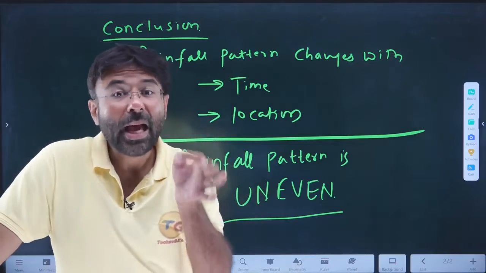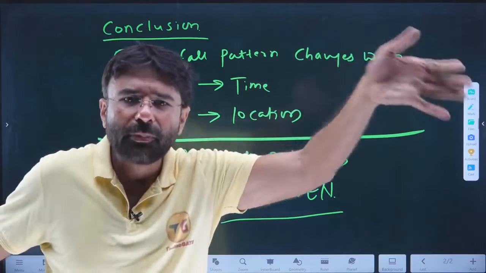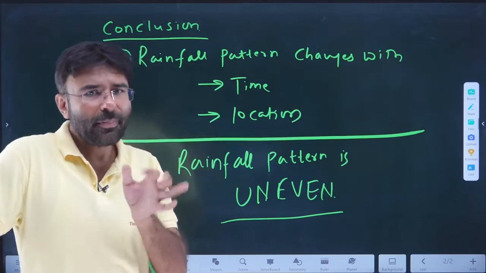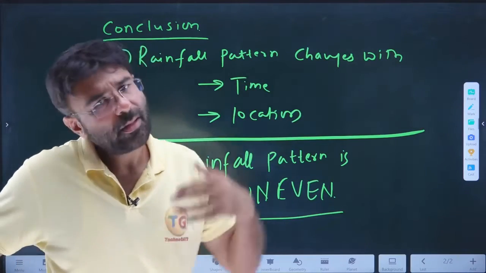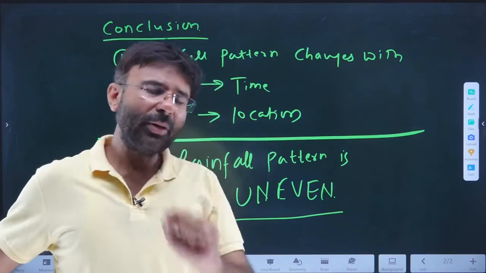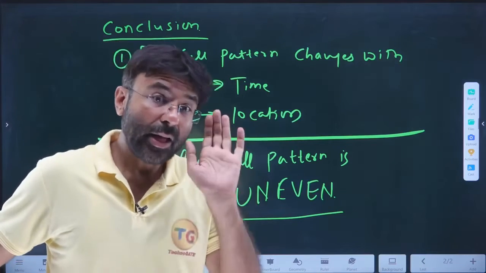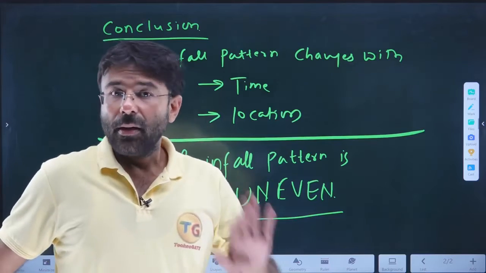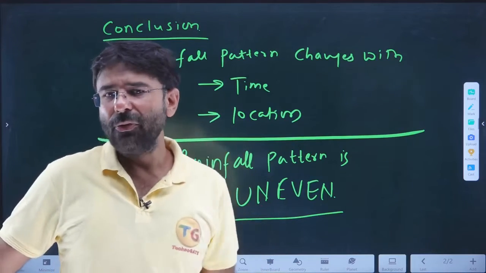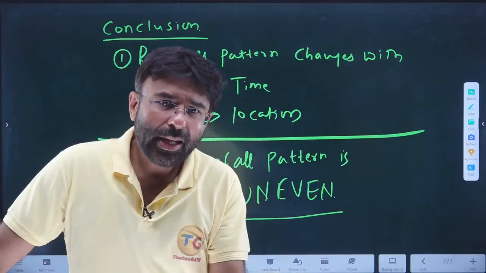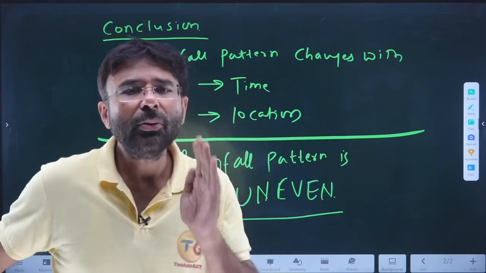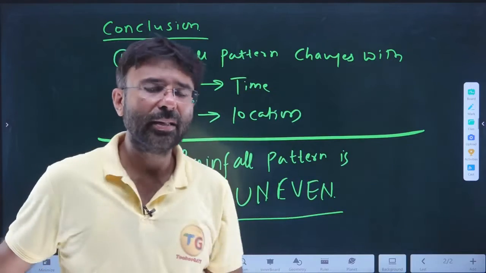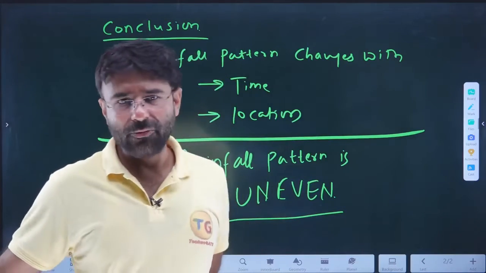The similar thing happens with the plants and crops also. Plants and crops are also living beings. As we are living beings, plants and crops are also living things. They also require water for their growth. But the rainfall pattern is not uniform. A particular area of the country is not going to receive a rainfall every day for the entire year. Never, never, ever.